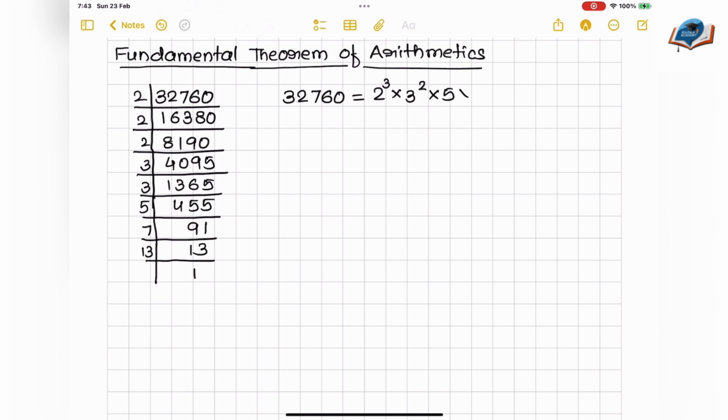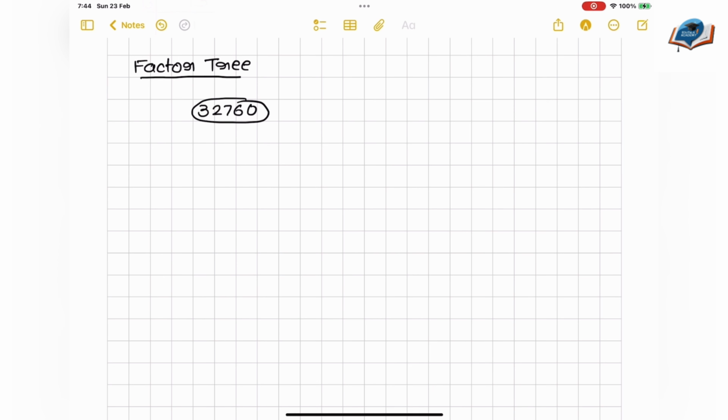Now with this, one more topic is coming, that is factor tree, which is asked in the paper also. And it's very easy and connected with this topic. That's why I have taken it together. It says, if suppose I want to make a factor tree of the same number which we have taken, I can have two factors first, 2 into 16380.